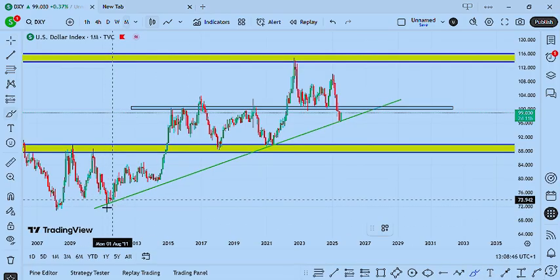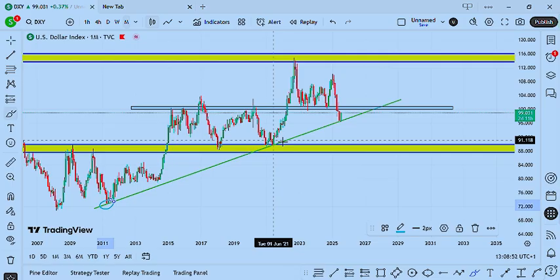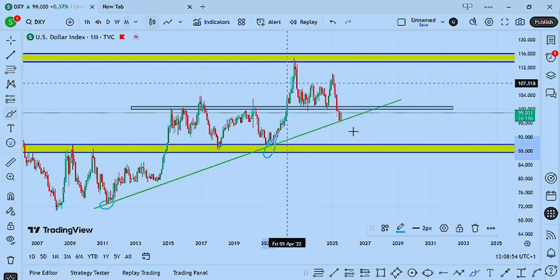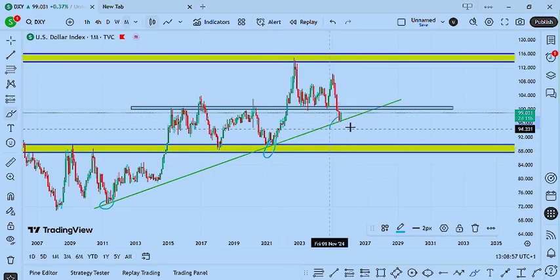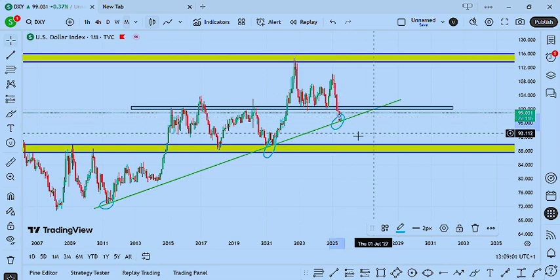There was a reaction, it tested it again the second time, the same reaction. So we are still seeing the same reaction repeating itself right here on this third touch.